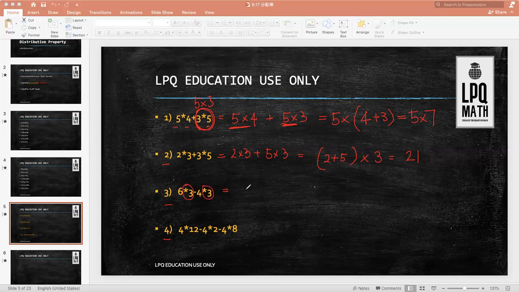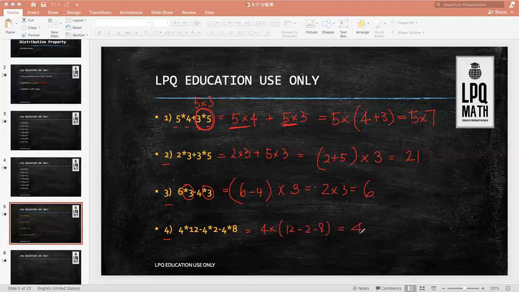All we need to do is 6 minus 4 in brackets times 3, which equals 2 times 3, which is 6. The last one is 4 times (12 minus 2 minus 8), so 12 minus 2 minus 8 equals 4. Hmm, 12 minus 2 minus 8 equals 2, so 4 times 2 equals 8.